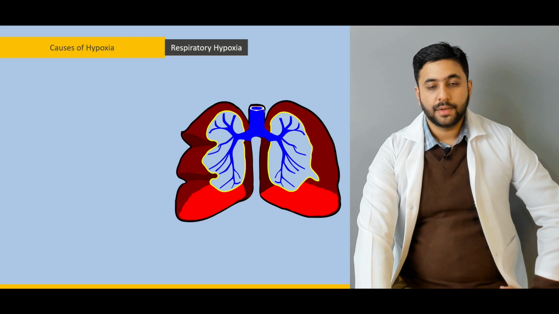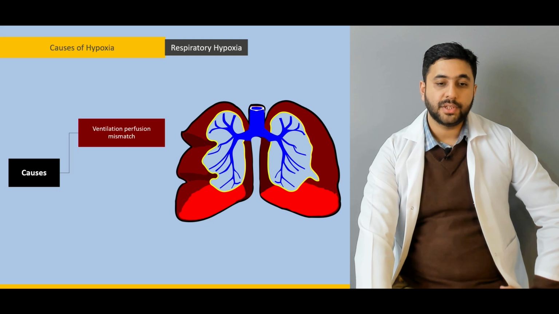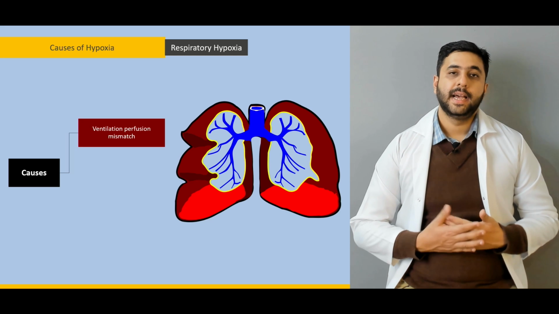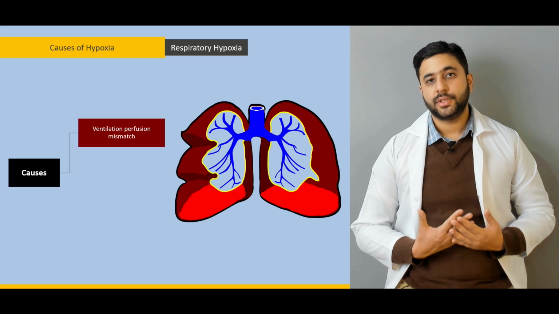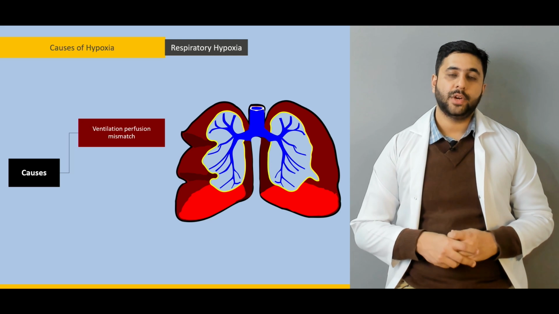Let's look at a few causes of respiratory hypoxia. At the level of the pulmonary system, what can go wrong? The number one thing which can go wrong, or the most common cause, is the ventilation perfusion mismatch. Either there is inadequate ventilation of the pulmonary system, or there is inadequate perfusion.